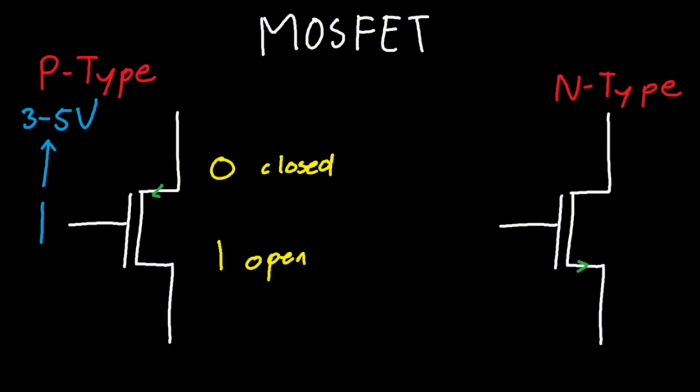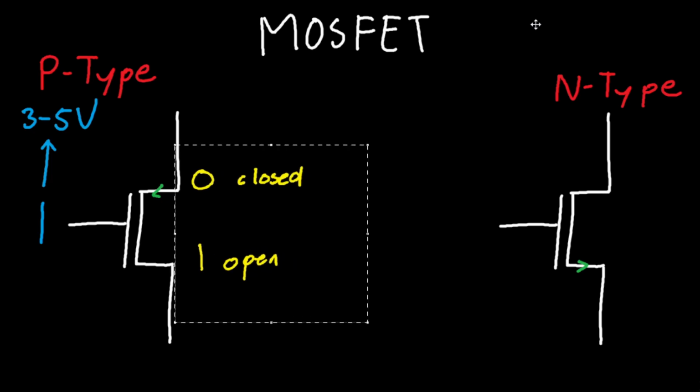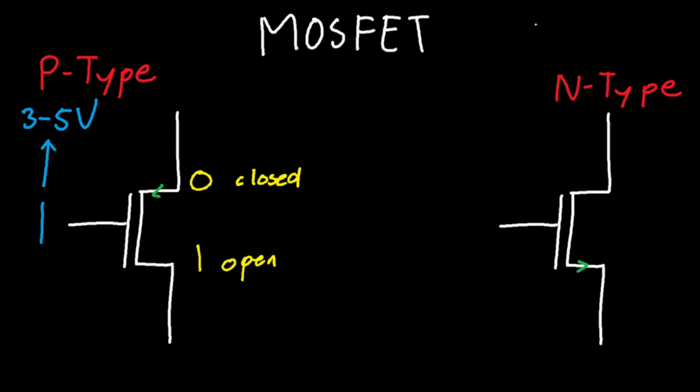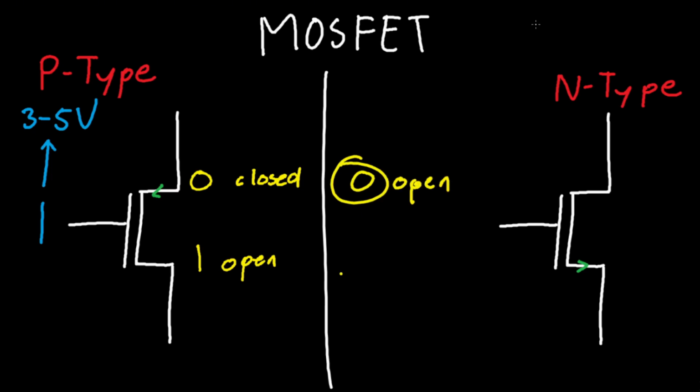Now it's actually the exact opposite for your N-type. Let's make this smaller. So what I mean by the exact opposite, for an N-type, this acts as an open switch when you have a logic of 0 as the input. Right? Probably 0 volts to 3 volts. If your sensitivity was 3 volts to 5 volts for 1, anything below that would be logic 0.